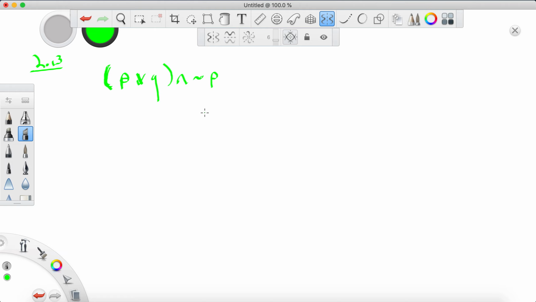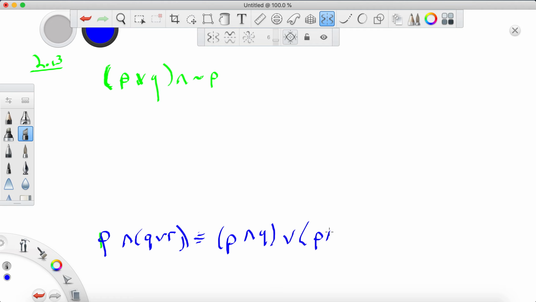However, the way it is written is that the and statement comes first, right? So the distributive law says the following. I'll write that in a different color. So the distributive law says P and Q or R is logically equivalent to P and Q or P and R.